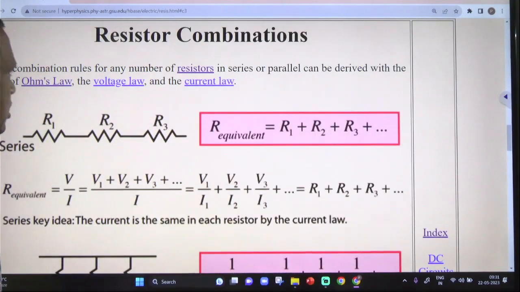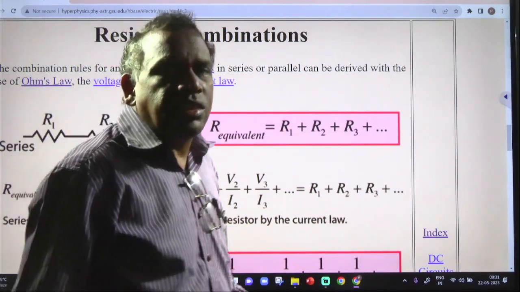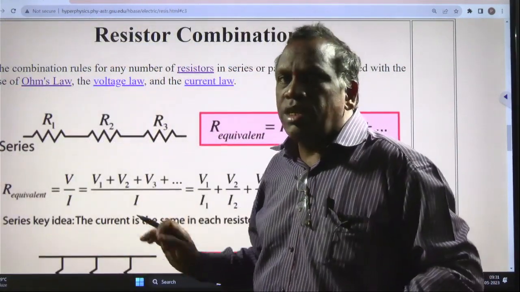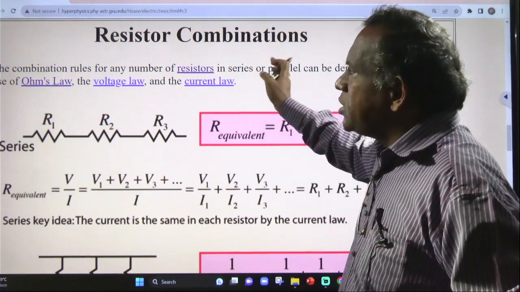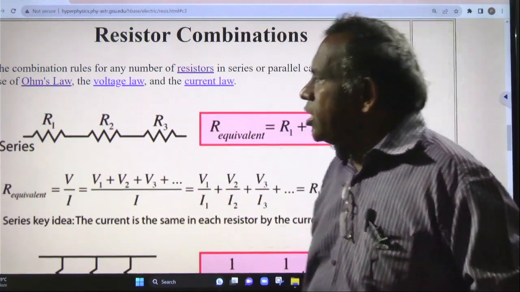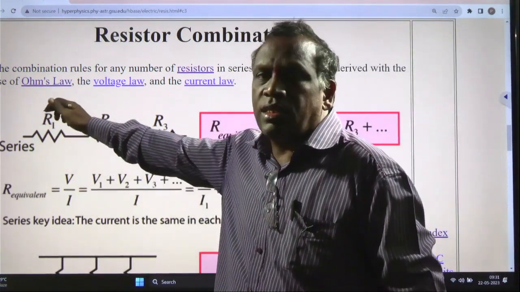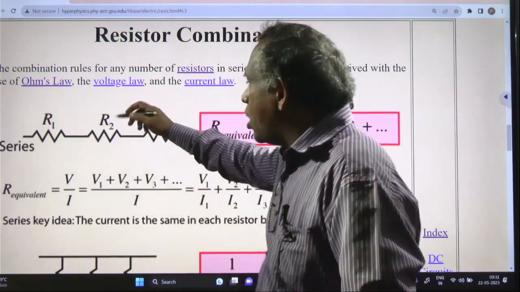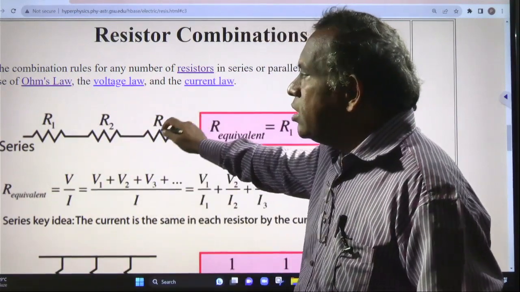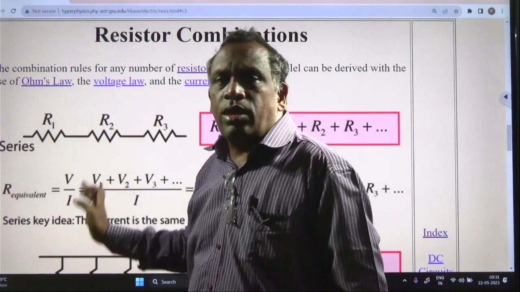Then resistors. The combination of resistors you take. Let us take R1 as the first resistor, R2 the second resistor, and R3. One end is connected to another end.